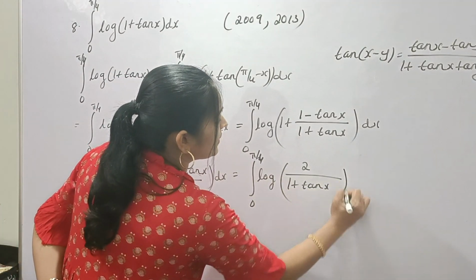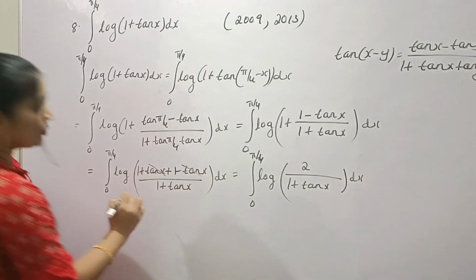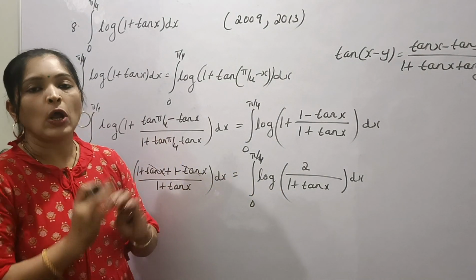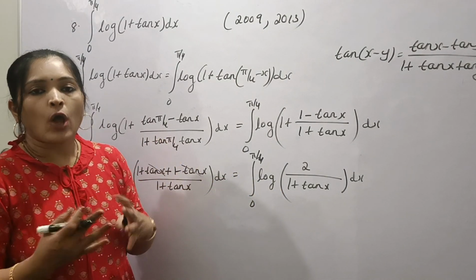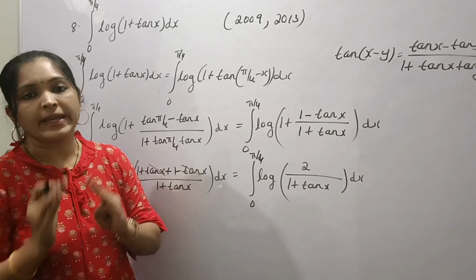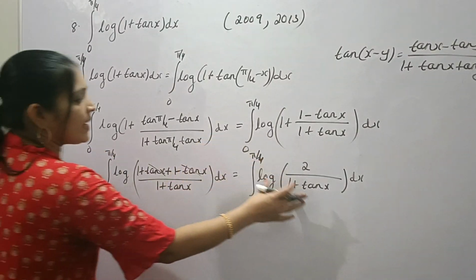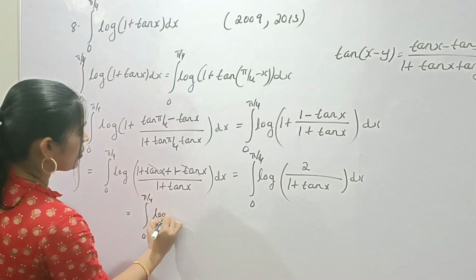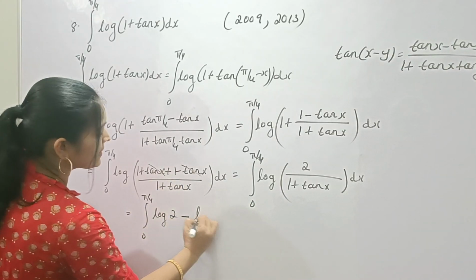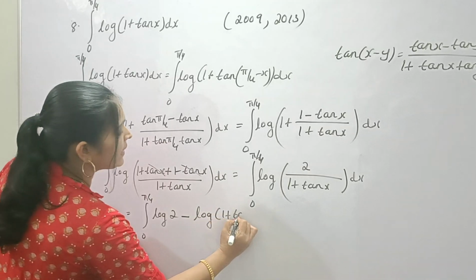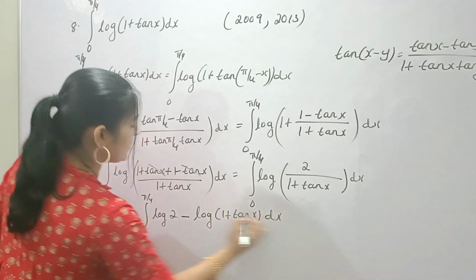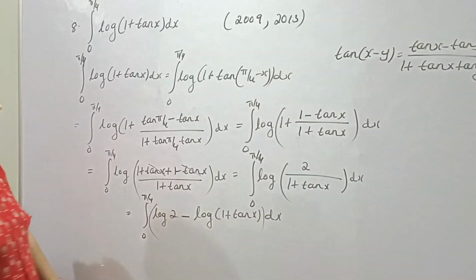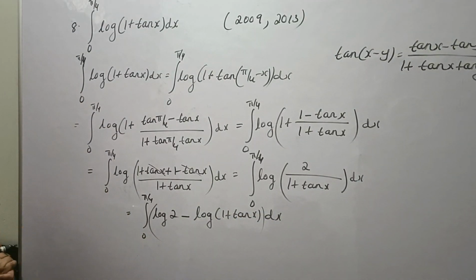tan x dx, right? That is equal to, see here it's in the form of log of x divided by y. So what is log x by y? Log x minus log y, right? So here we can write it as integral 0 to pi by 4 log 2 minus log 1 plus tan x dx.